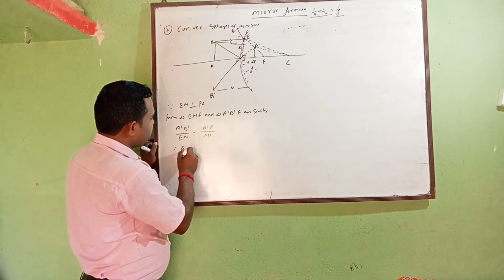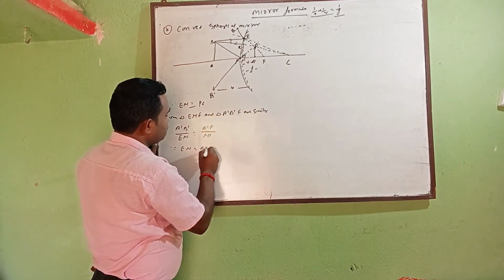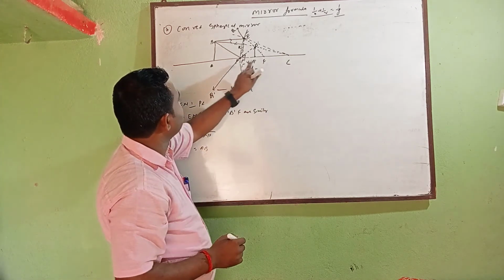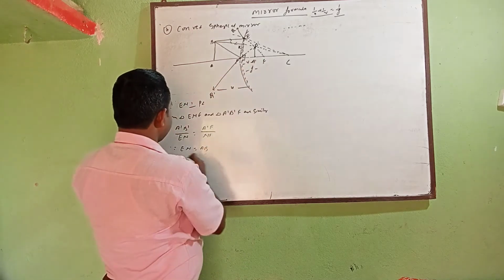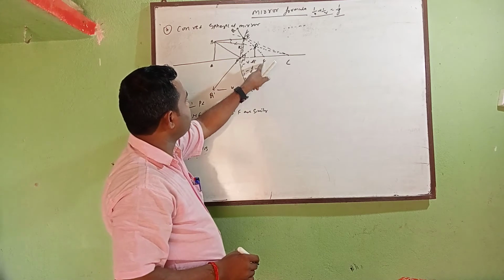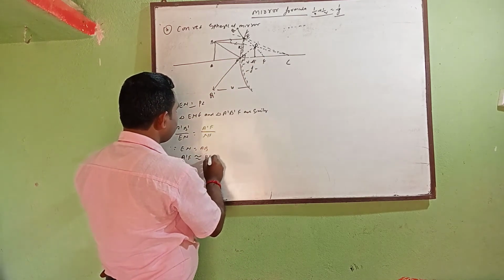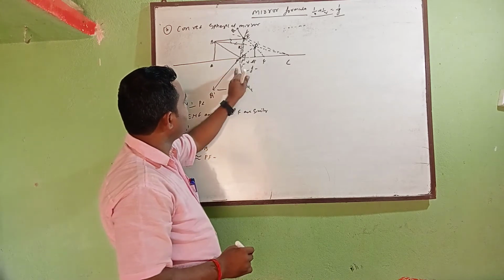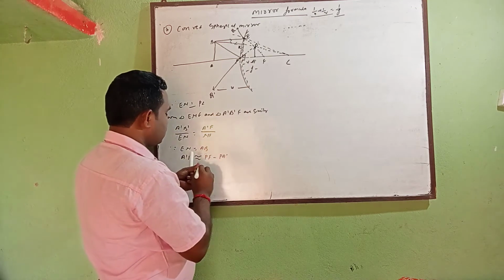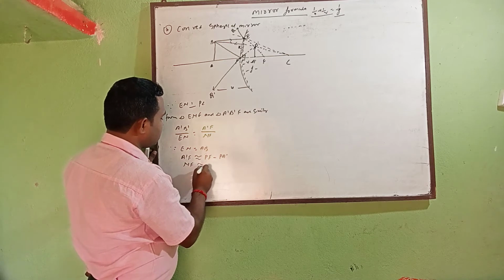Since EN equals AB, and at the place of A dash F you can write PF minus PA dash. And another, NF is equivalent to PF.